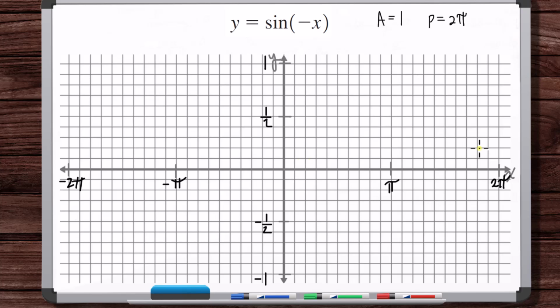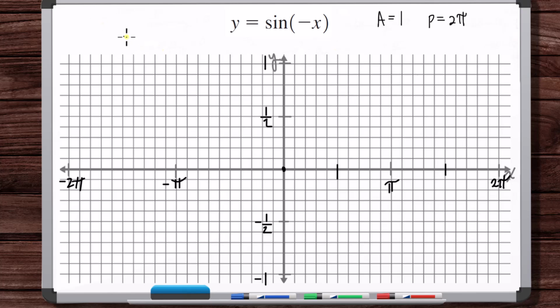Now here's a full period from 0 to 2 pi. Let's divide this up into 4 intervals, equally spaced. Sine is 0 at the origin, and that's not going to change. Flipping about the y-axis means you're multiplying all the x coordinates by -1.